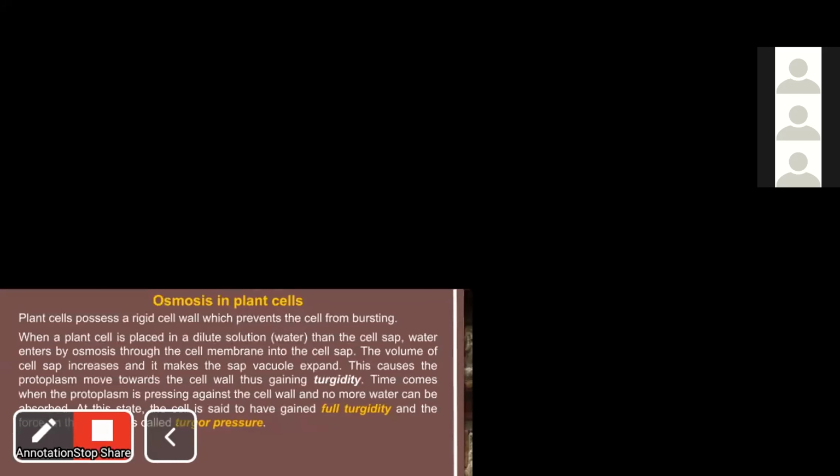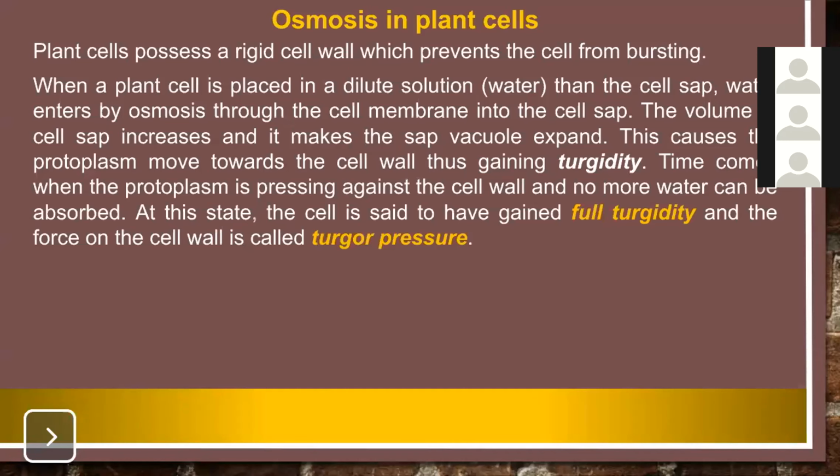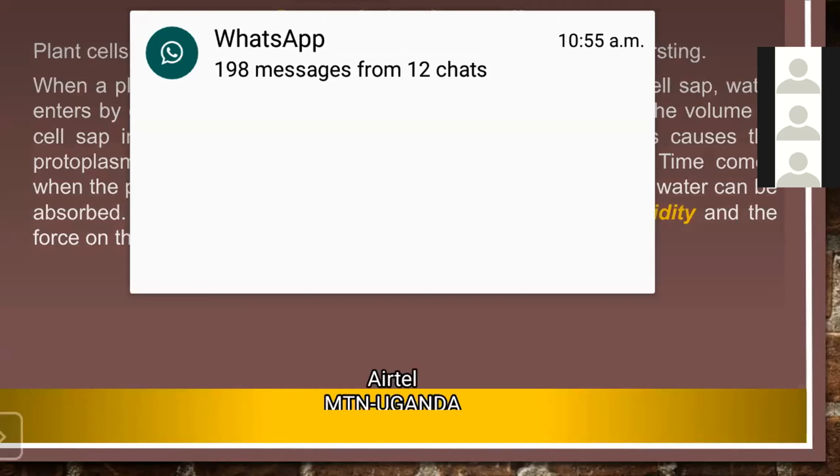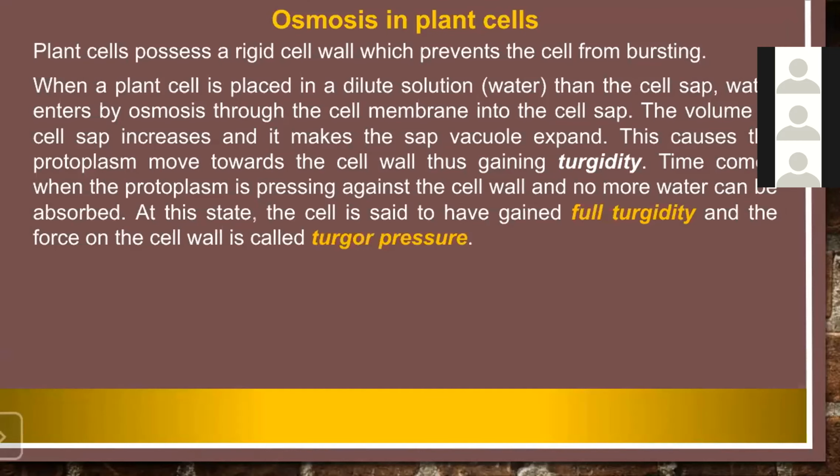And that's the same concept of movement. The movement of water molecules from outside the cell into the cell is by the same process of osmosis. And that is what happens when you plant your seedlings into the soil. They are going to absorb water, and that water goes right into their cells. And the young plants or seedlings that you have are going to rely on the turgor pressure to gain some kind of support.